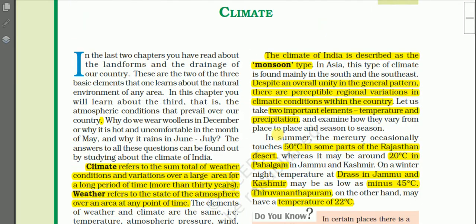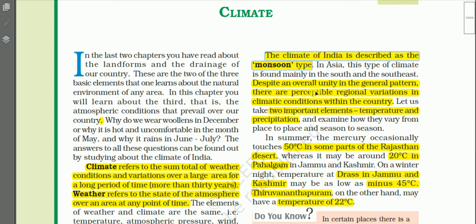So let us continue. As mentioned here, the climate in India is described as the monsoon type. And in Asia, this type of climate is found mainly in the south and the southeast, that means in the southern part and the southeastern part of the Asian continent.